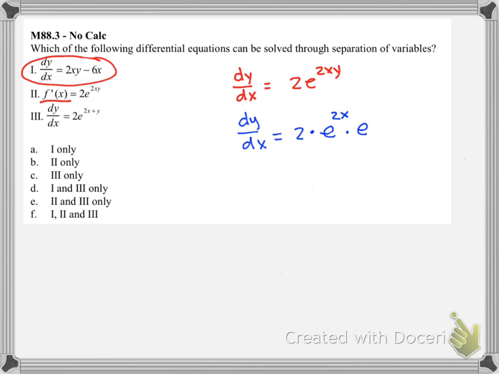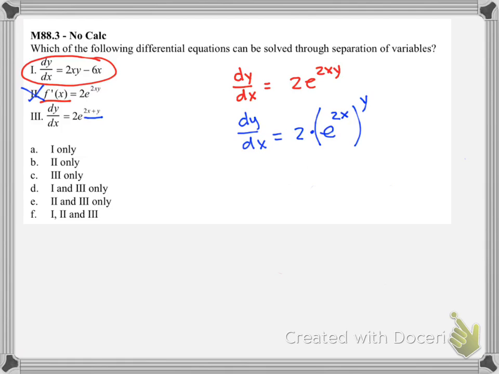The next one could be, because there we have exponents that are added, but this would have to be written as 2e to the 2x all to the power of y, and we're not going to be able to separate these just like we couldn't separate them on the other side. So this is non-separable. Here we have a no.